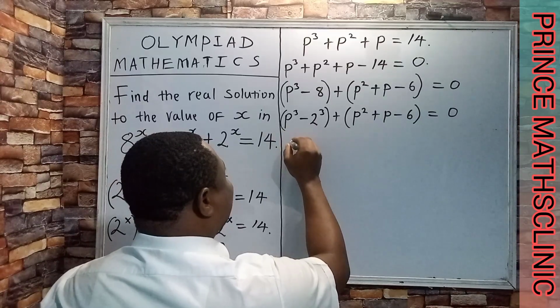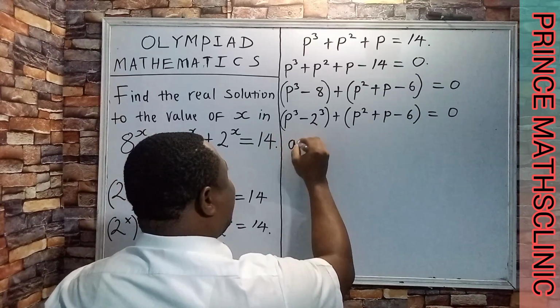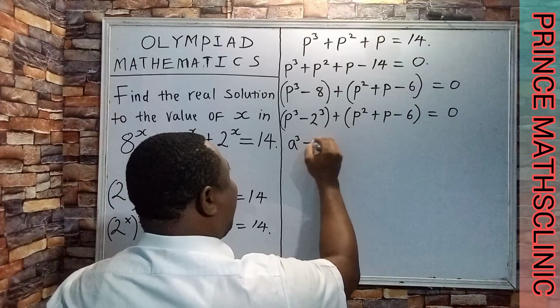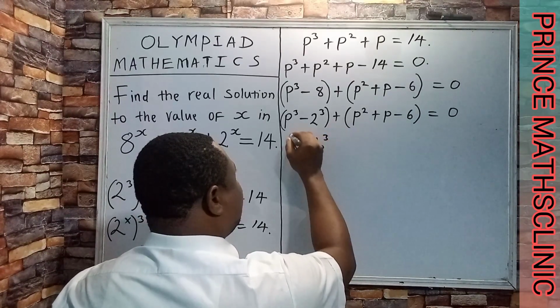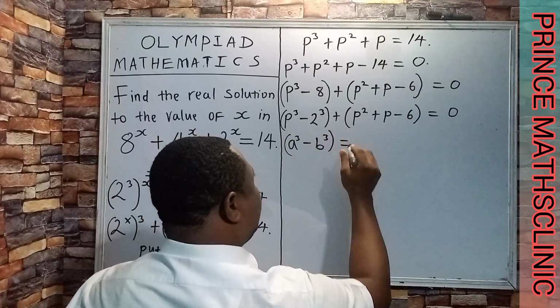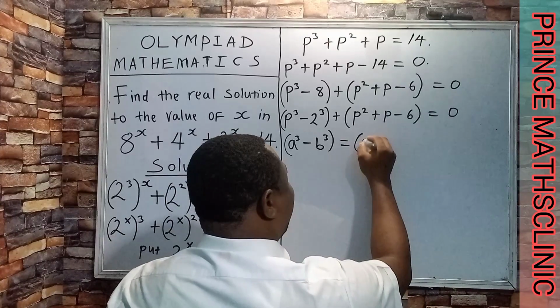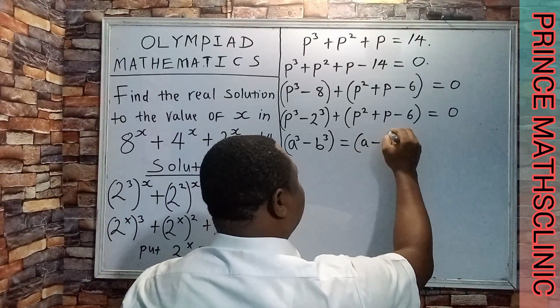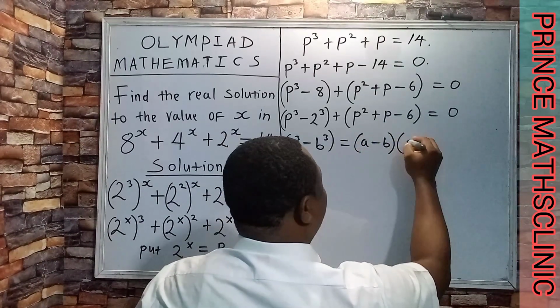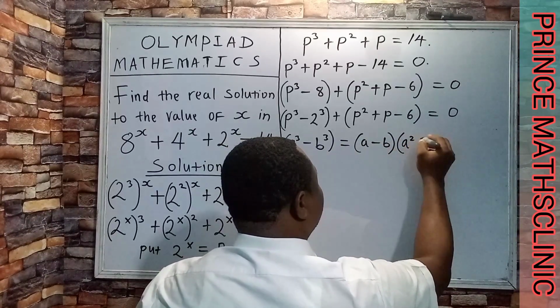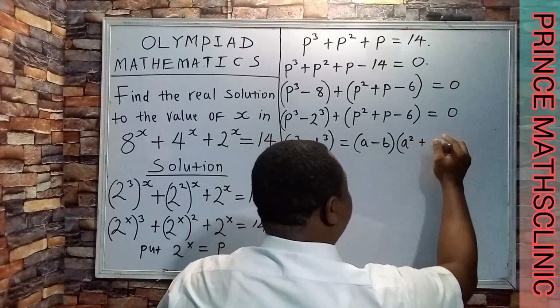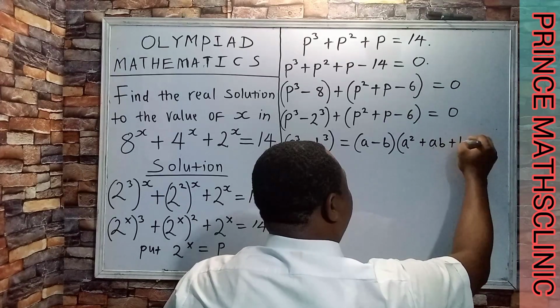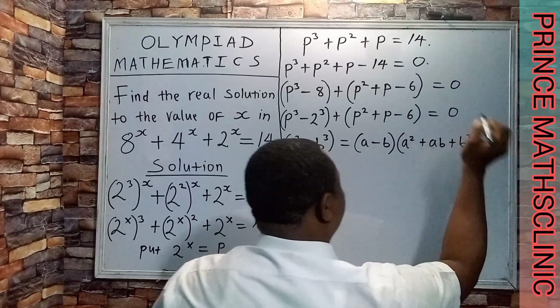Now we know that if we have a to the power of 3 minus b to the power of 3, we could say that this has this formula: a minus b, open bracket, then a squared plus ab plus b squared.